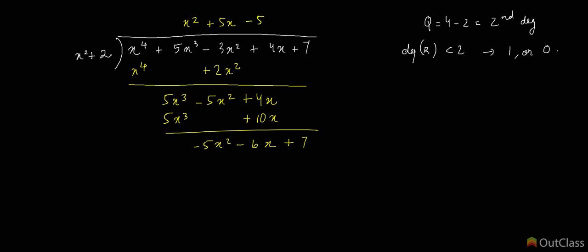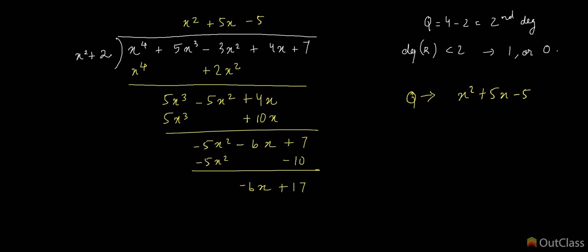You have to put a minus 5 here. Minus 5 into x square will give you minus 5x square. Minus 5 into plus 2 will give you minus 10, and when you subtract, you will get minus 6x plus 17. So the quotient you got was second degree, x square plus 5x minus 5, and your remainder was minus 6x plus 17.